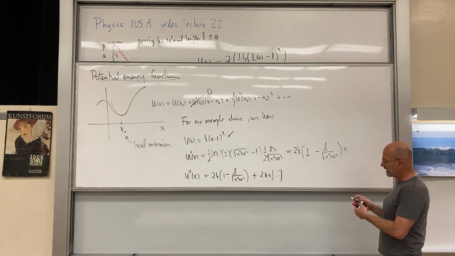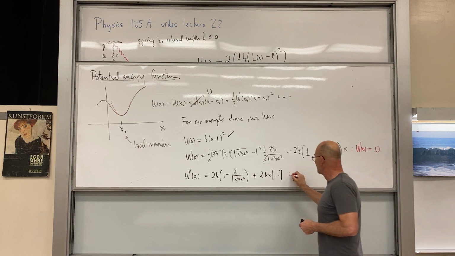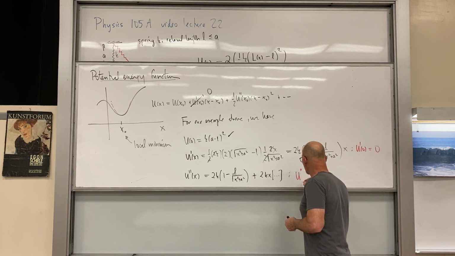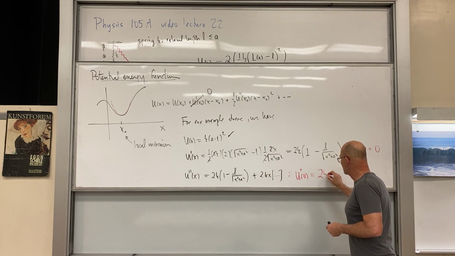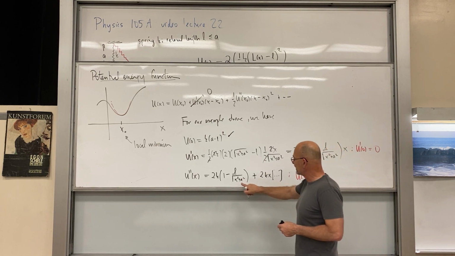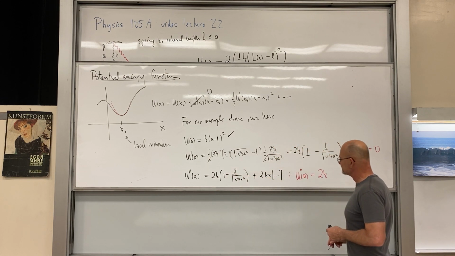So let me go ahead and write here in red, just for the heck of it. We have u prime of 0 is equal to 0. And over here we have u double prime of 0 is equal to 2k, and then we're evaluating at 0, 1 minus L over a.